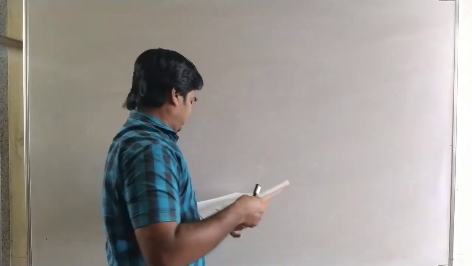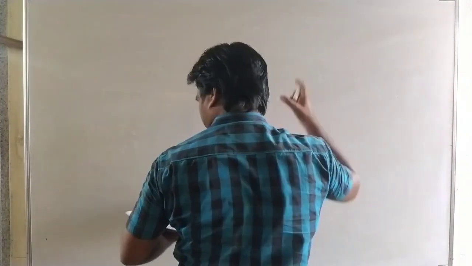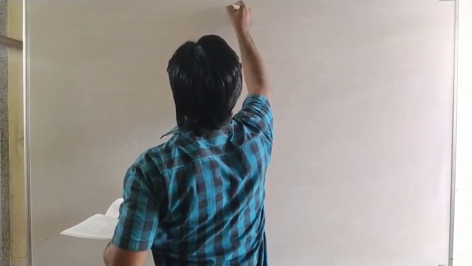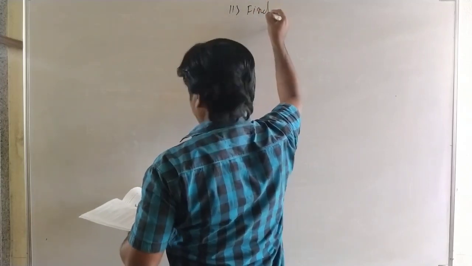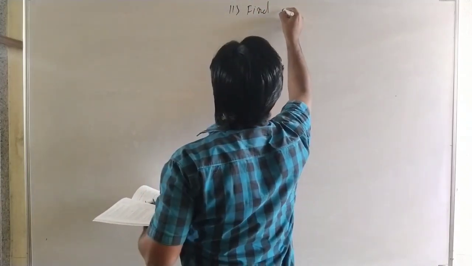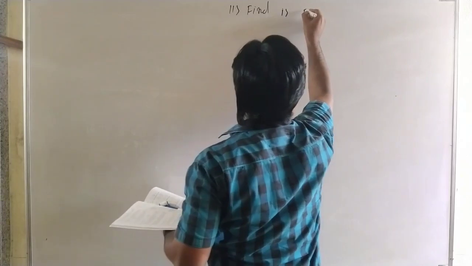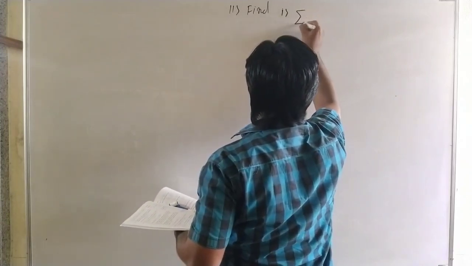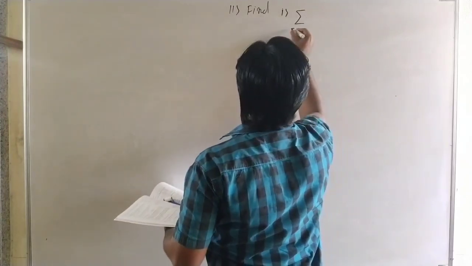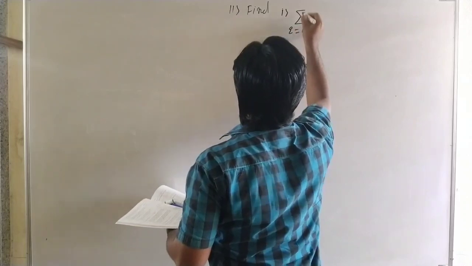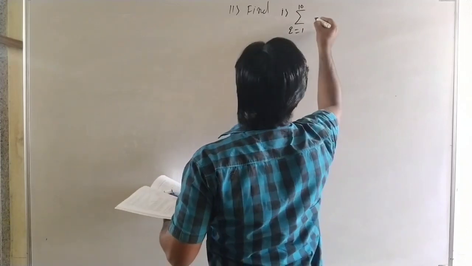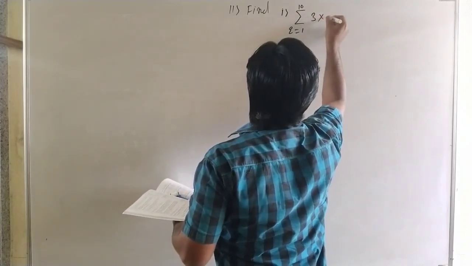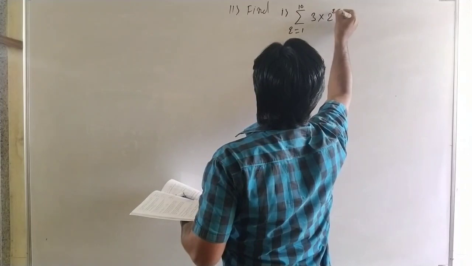Now next example. Example number 11. Find the sum of the 10 terms, that is, sum of r equal to 1 to 10 of 3 into 2 to the power r.